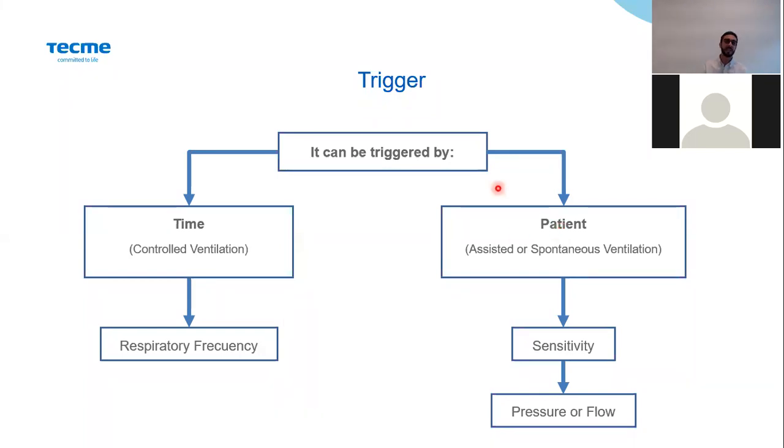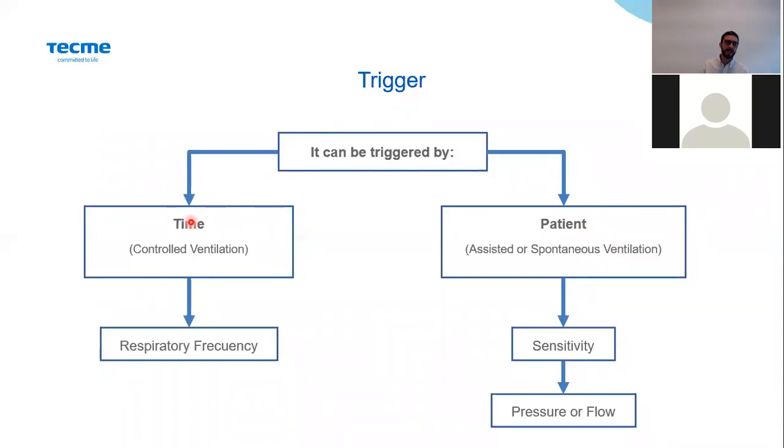We can classify the ventilatory modes as a controlled ventilation if the trigger is performed by time, or we can classify the ventilatory mode as an assist or spontaneous ventilation if the trigger is by the patient.